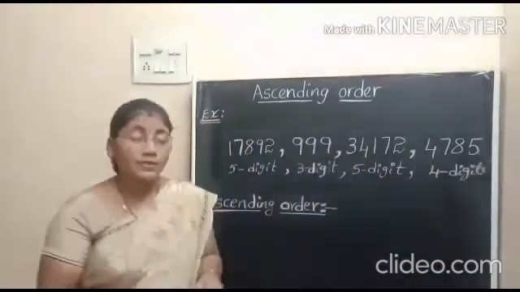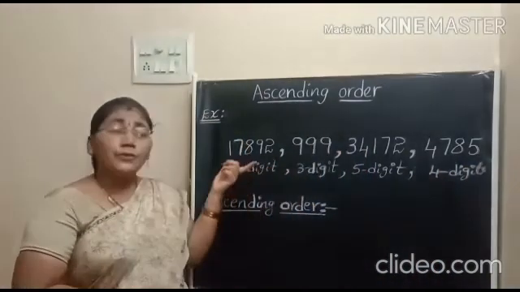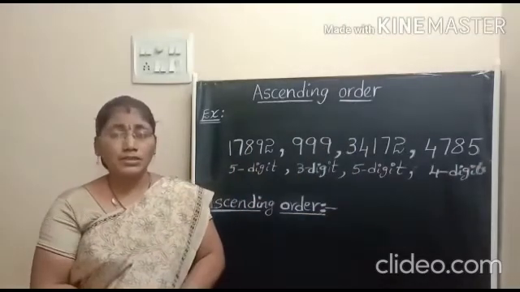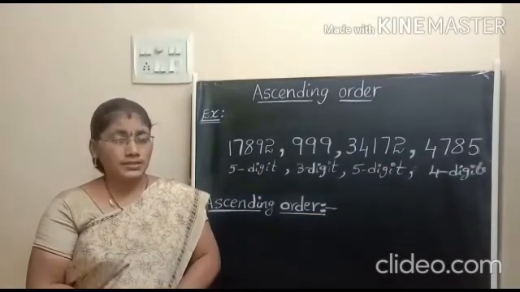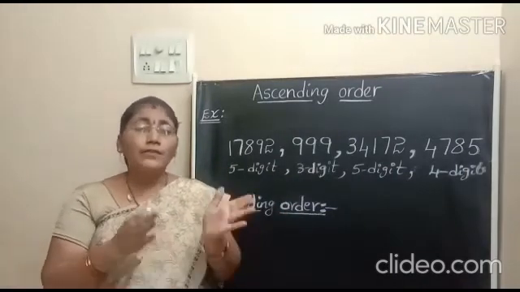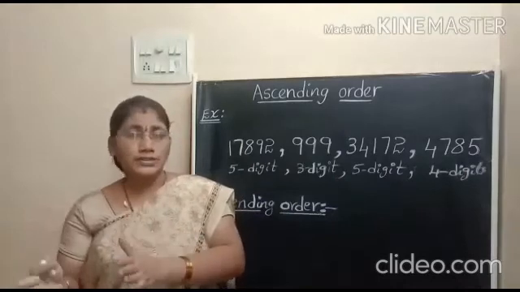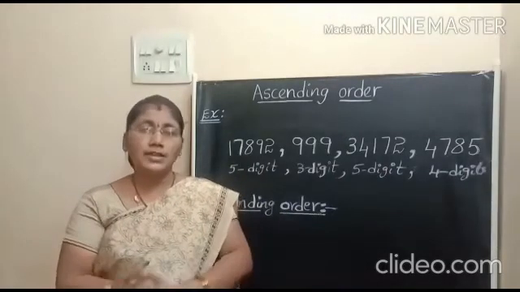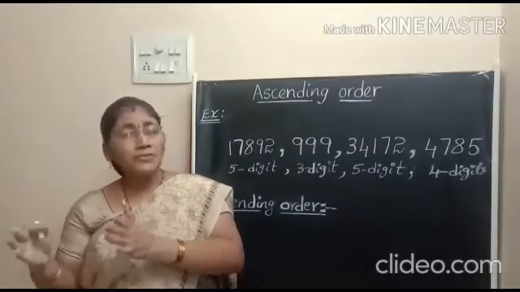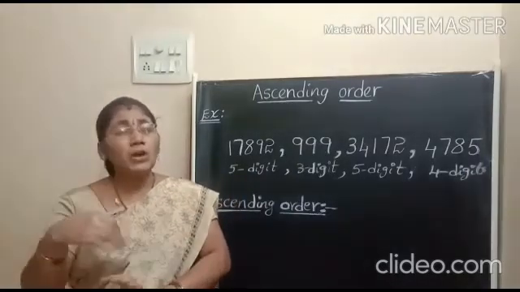So we are comparing numbers with different digits. Already we learnt the number with more digits is the greatest number, and the number with fewer digits is the smallest number.